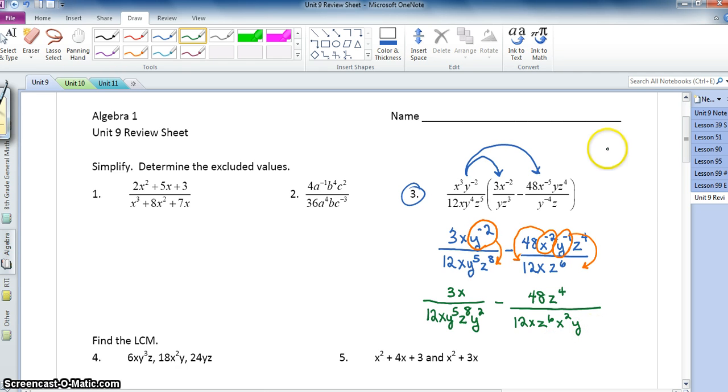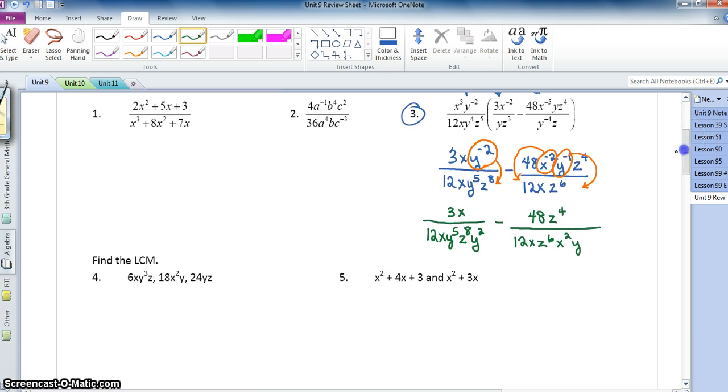Now what I'll go ahead and do is combine any of these factors that I can. I have the y to the fifth and the y squared, which is going to give me y to the seventh. And then the z to the eighth is going to stay. Over here, I have an x and an x squared, which will give me x to the third.